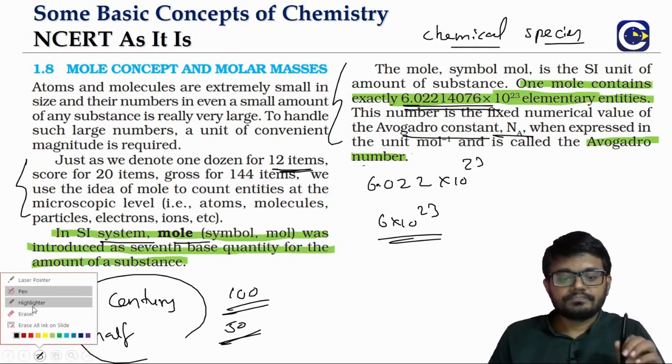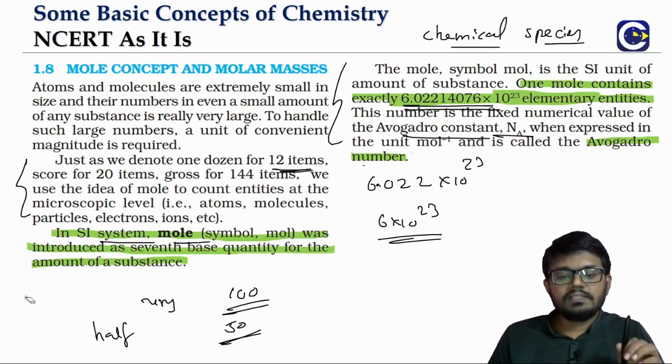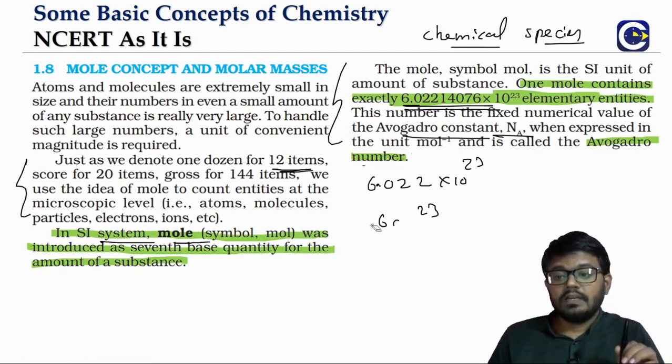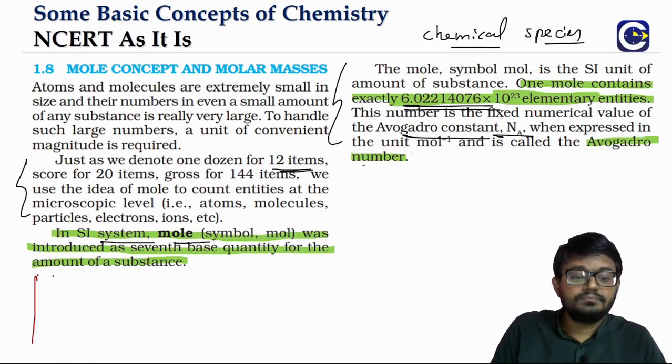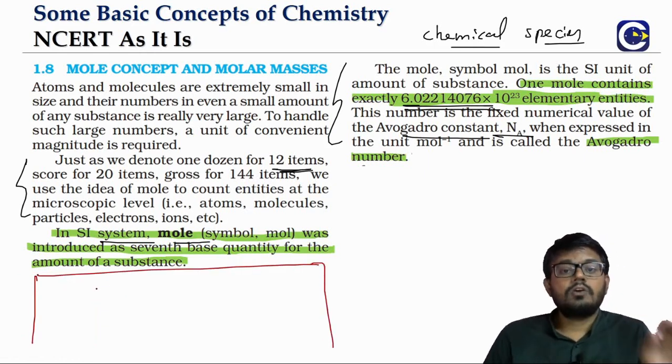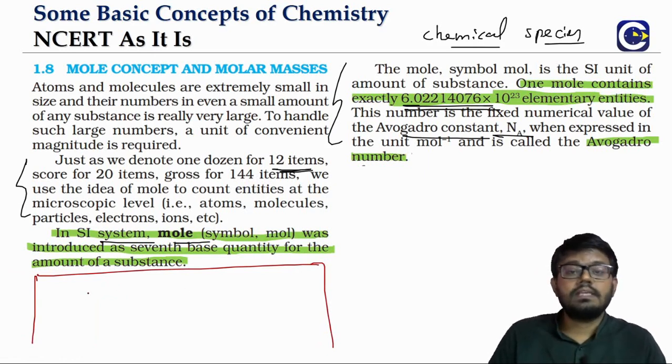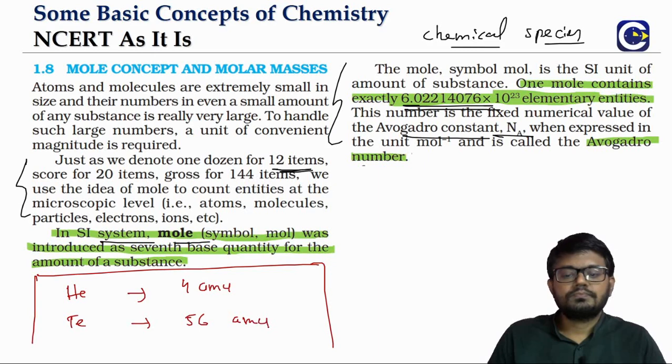There are a lot of interesting things that we can learn when we see how the idea of the Avogadro number has come. Based on his own studies, when the atomic mass and molecular mass ideas were established, we say the atomic mass of, for example, helium is 4 AMU. Similarly, suppose the atomic mass of iron is approximately 56 AMU.